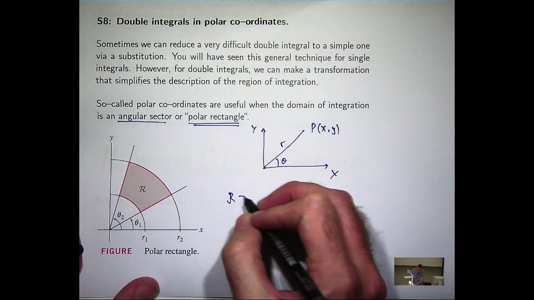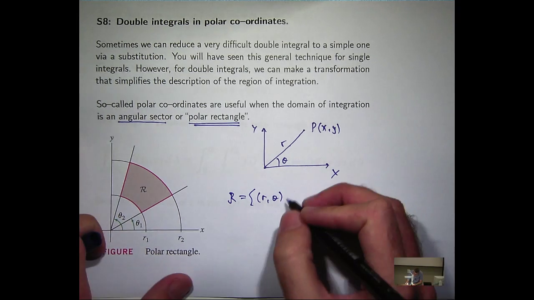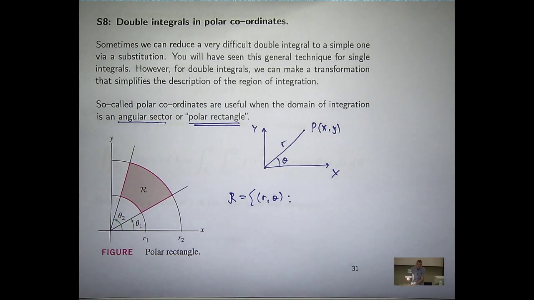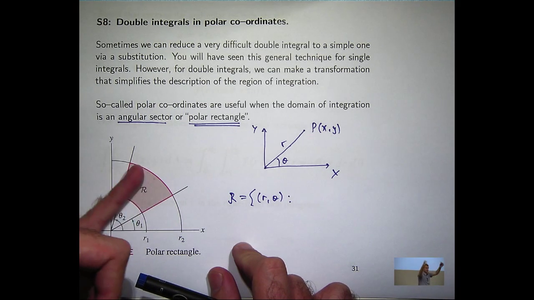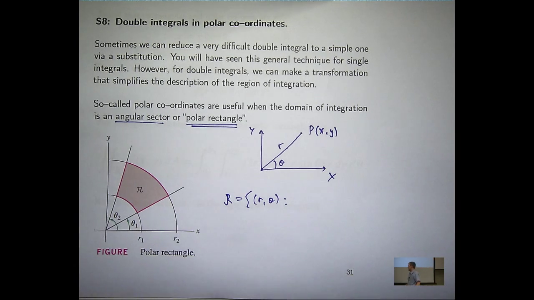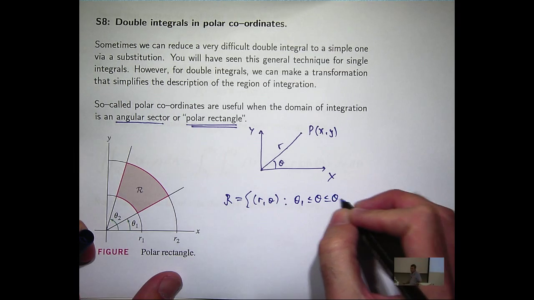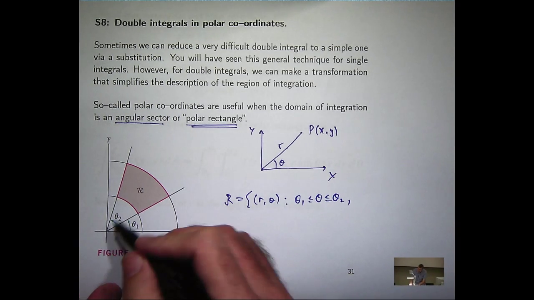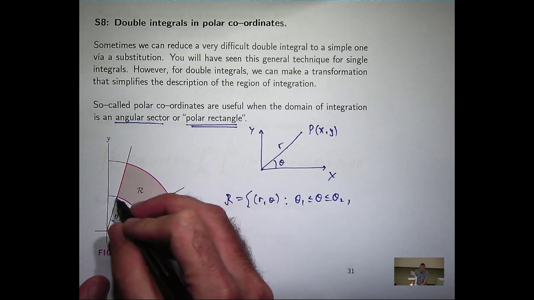Well, one reason is that if I want to describe this region in terms of our variables r and theta, theta goes from some number theta 1 up to theta 2. Theta 1 and theta 2 are just constants. And the same if I go out to r.